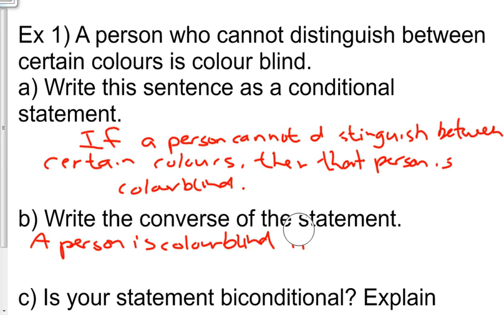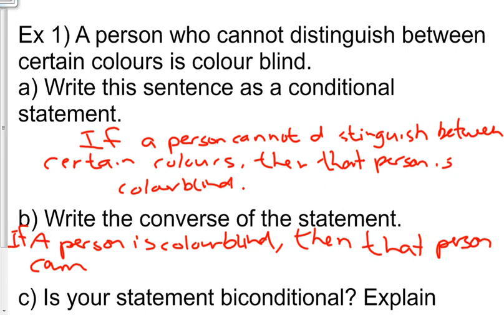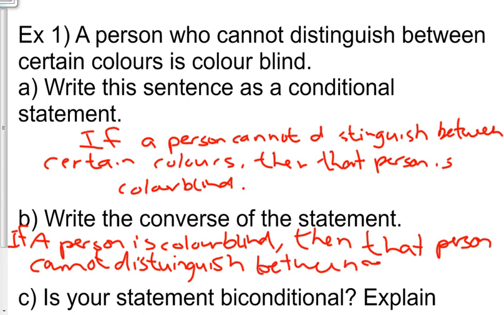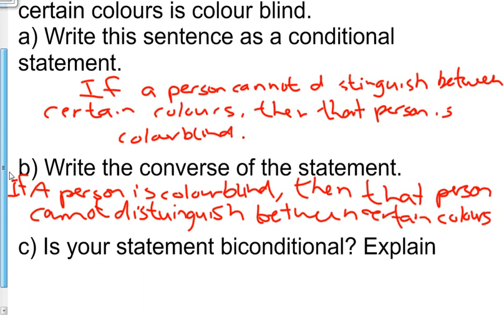If a person is colorblind, then that person cannot distinguish between certain colors. So the converse is if a person is colorblind, then that person cannot distinguish between colors. So I just flipped my hypothesis and my conclusion.